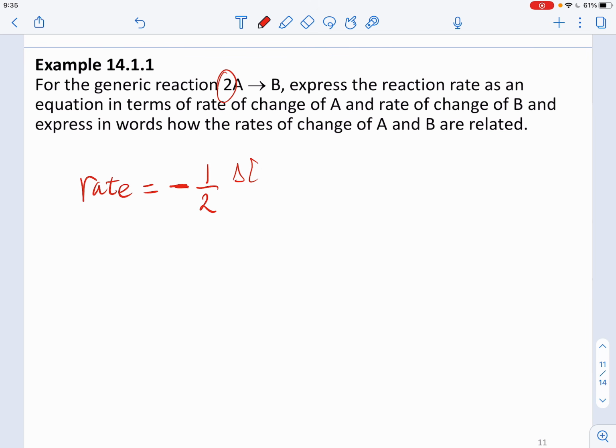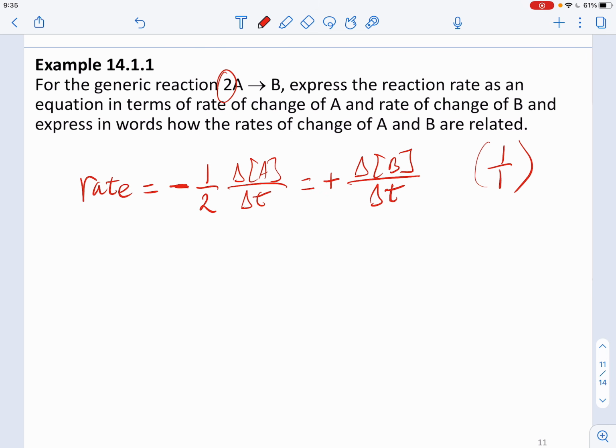We have delta A over delta T, and this has to be equal to B, and B is plus delta B over delta T. You may be asking, what happened with the stoichiometric coefficient of B? Well, with B, technically you are using 1/1, which is 1, so you can omit it.